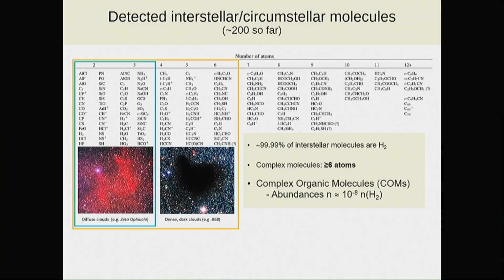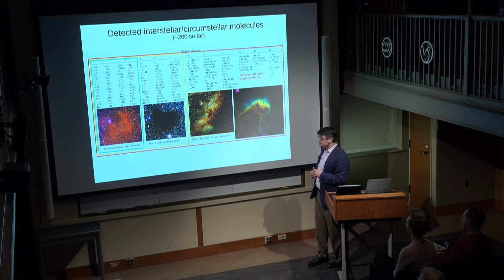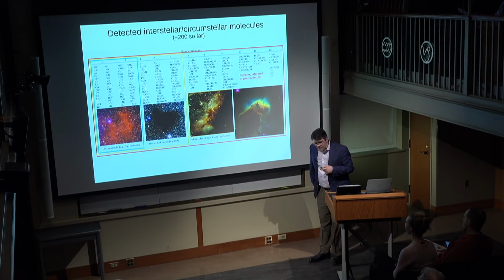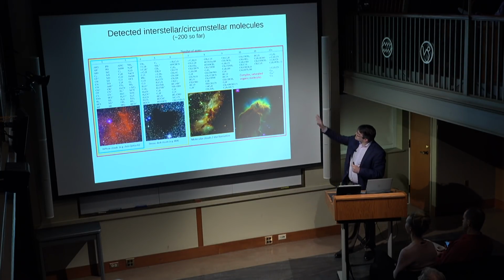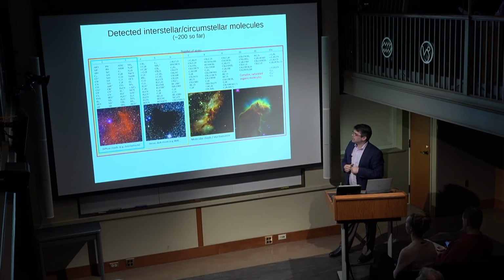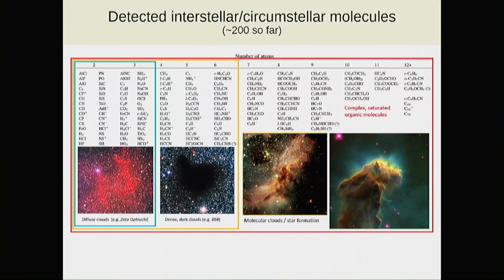When you want to go to the very complex molecules, though, we almost uniquely look in star formation regions. I will exclude maybe a few of these molecules. So Brett, you have to keep your mouth shut here. But for the most part, most of these complex organics are found peculiarly in these molecular clouds where stars are forming. So there's something unique about the star formation process that leads to this very complex chemistry.